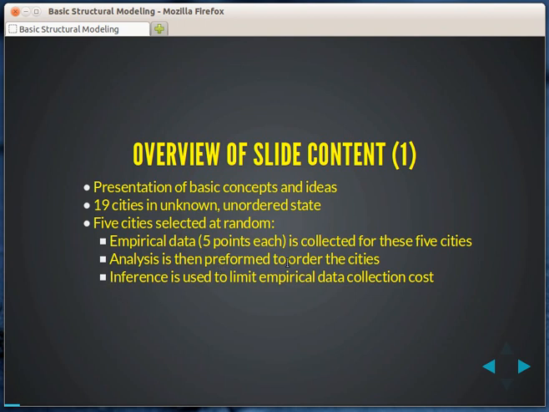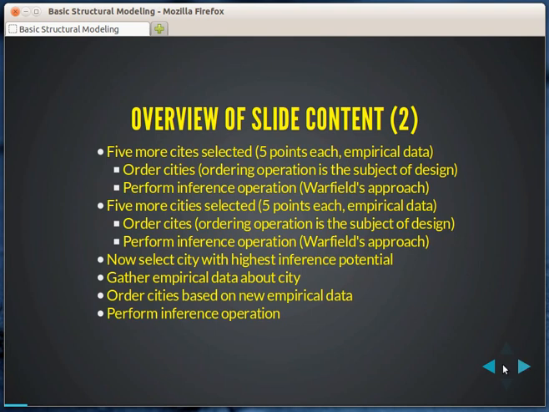We go find out that information. Then we perform an analysis to order the cities, and then we use inference to limit the amount of empirical data that's needed. The inference, basically in this case, is used to limit the cost of collecting empirical data. And then we select 5 more cities and order those cities. This city ordering is the operation that's the subject of the design of this particular activity.